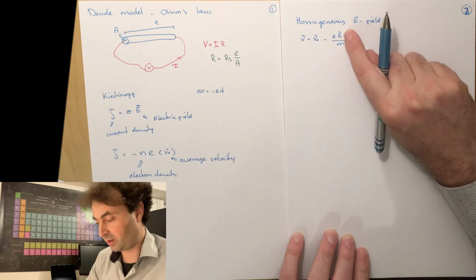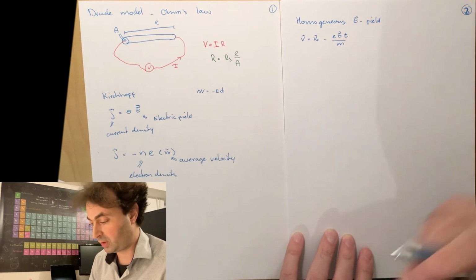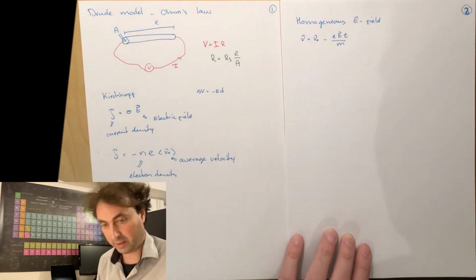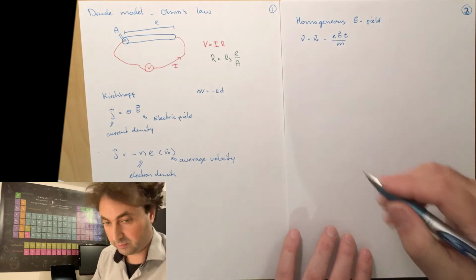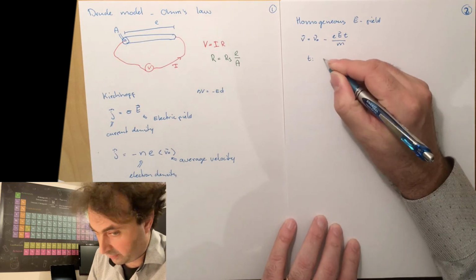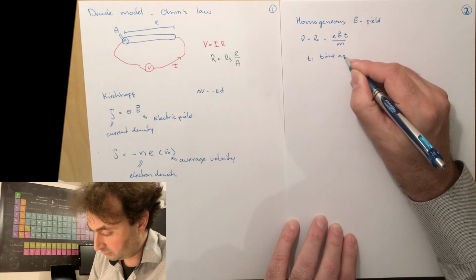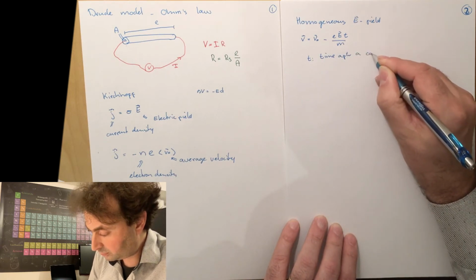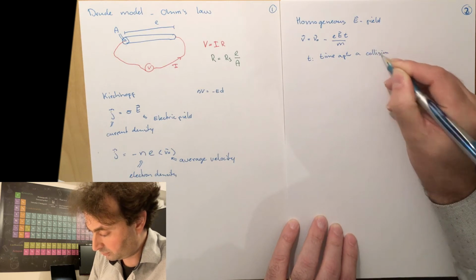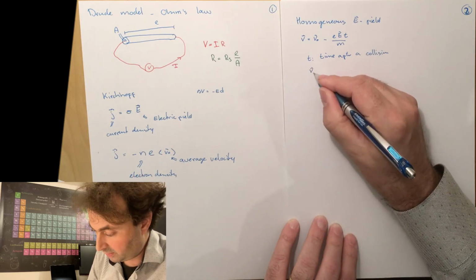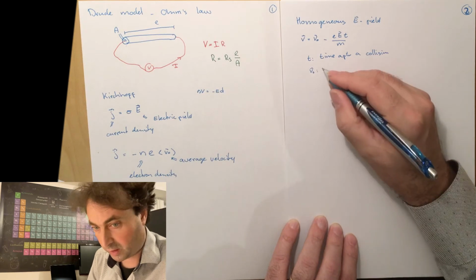So the acceleration is eE divided by m, such that the velocity is eEt divided by m. And t here is the time after a collision. And v0 is the velocity after a collision.